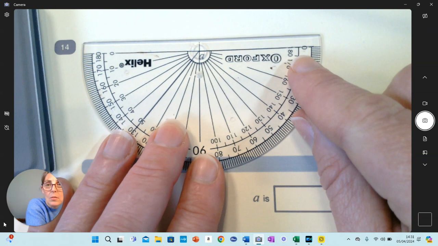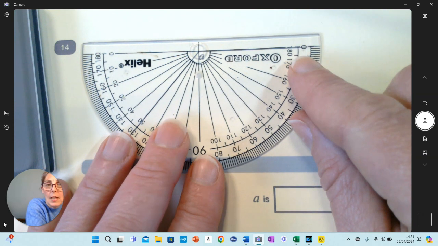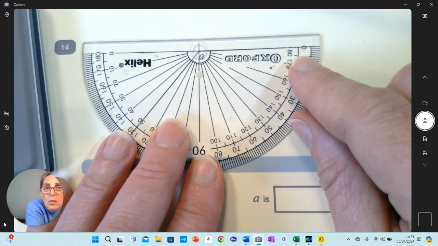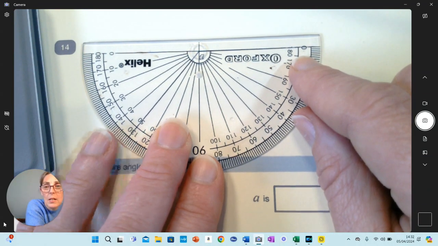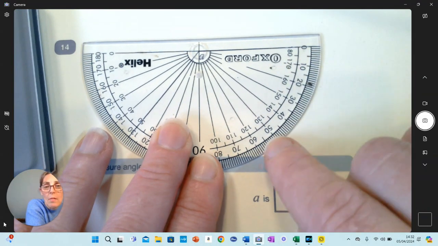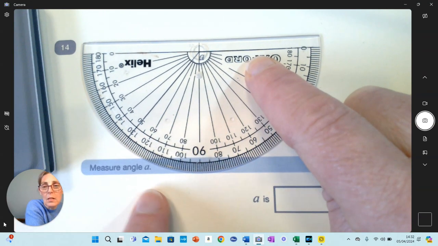And the 0 needs to be the line you should have coming through the center of the 0. It's going to be different, as long as the line is actually sitting on it. Sorry, I shake on my left hand. Now I'm going to read from the 0 around the outside part here.